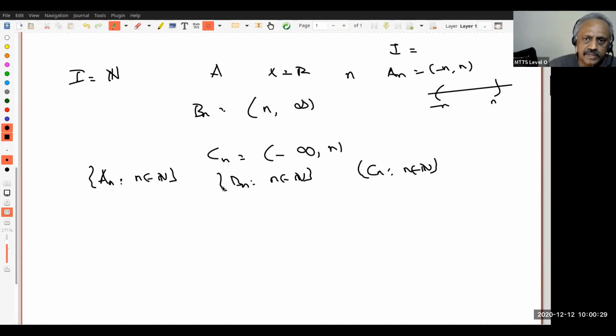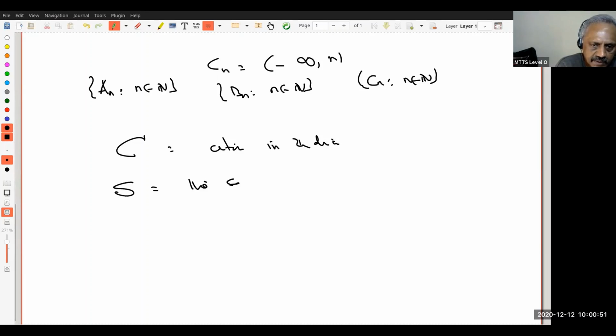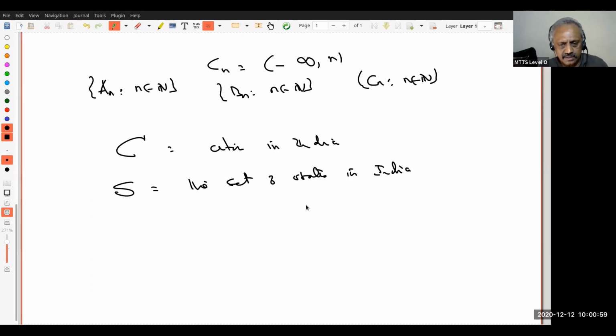But so far we dealt with something with numbers. It's possible I may be able to index it with some arbitrary set. Just for fun, let C be a set of cities in India. Let S be the set of states in India: states, unitary, union territory, everything. I will call all of them states, even though legally they may be different.